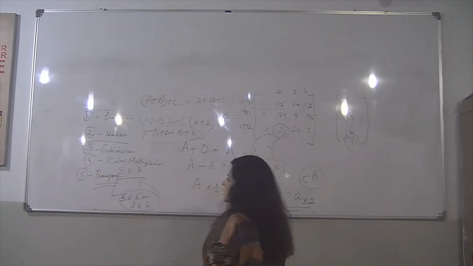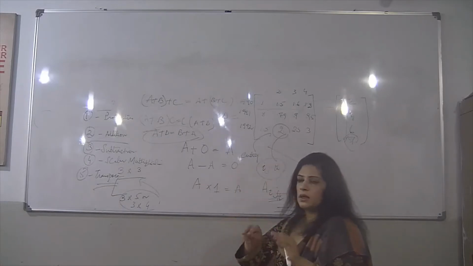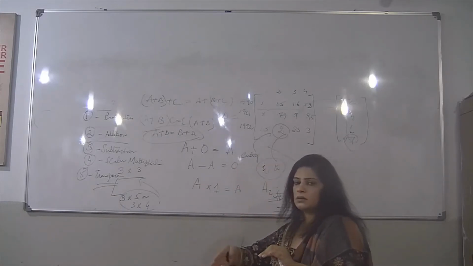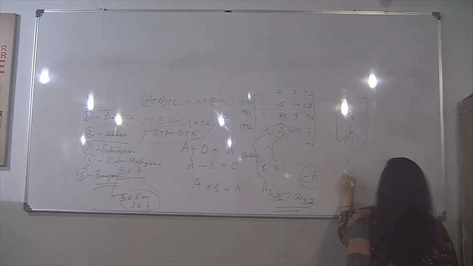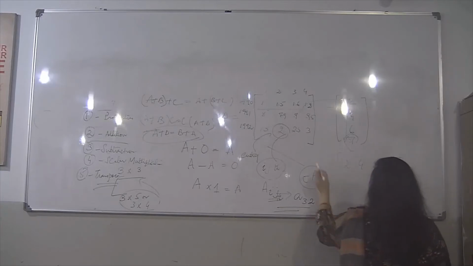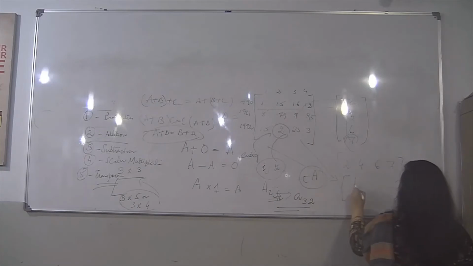Transpose is just converting the horizontal array to vertical. So I would say that this has to be transposed as 2, 4, 6, 7. If this matrix is to be transposed, it would be 1, 1.5, 1.6, and 1.2.